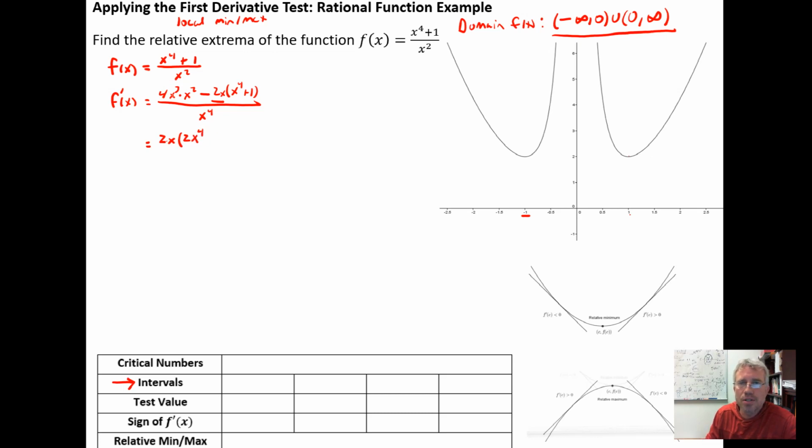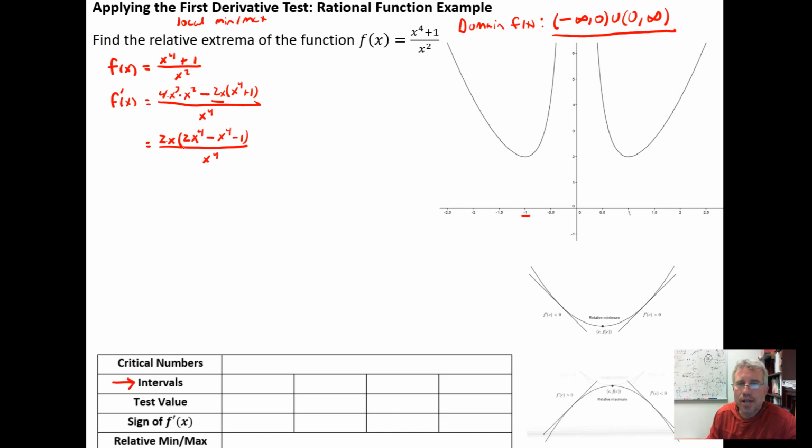So x times x to the fourth is the x to the fifth I'd get here, and 2 times 2 is my 4. And then minus, if I factor off the 2x, I just need to distribute the minus sign into the parentheses. So I'd get minus x to the fourth, and then minus a 1. And this is all over my x to the fourth.